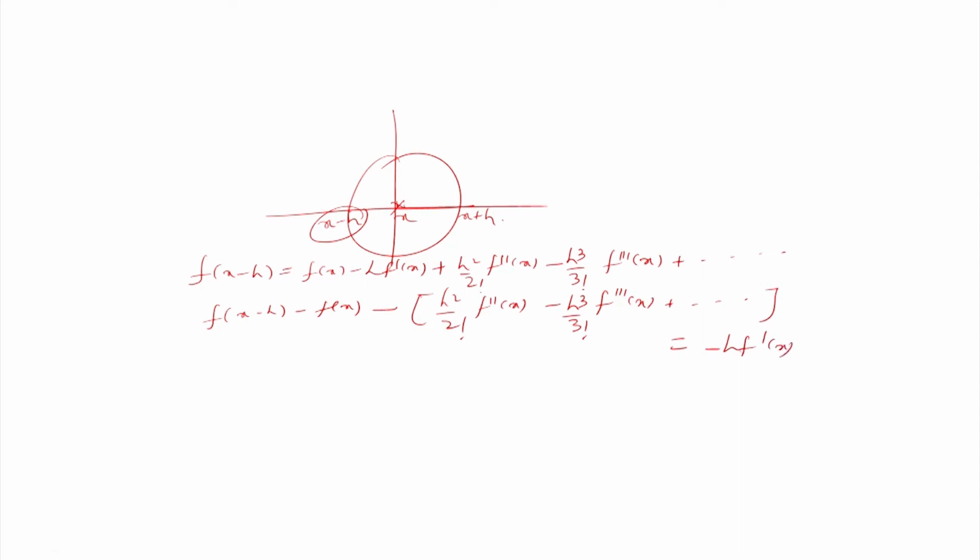And if we change the sign at both sides, we can write f dash x as f of x minus f of x minus h divided by h plus order of h terms. So, this is specifically called your backward difference formulation.